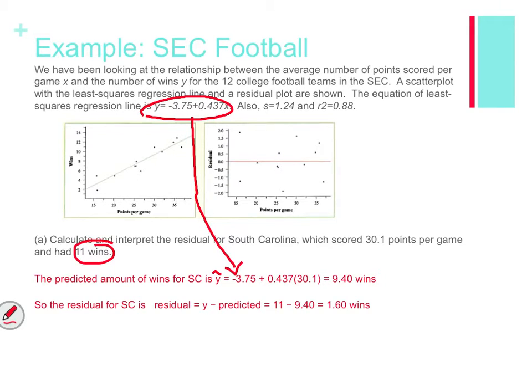So I'm going to take my actual and subtract my predicted, and my residual here is 1.6 wins. In terms of interpreting that, we would want to say that South Carolina won 1.6 more games than expected based on the number of points they scored per game.